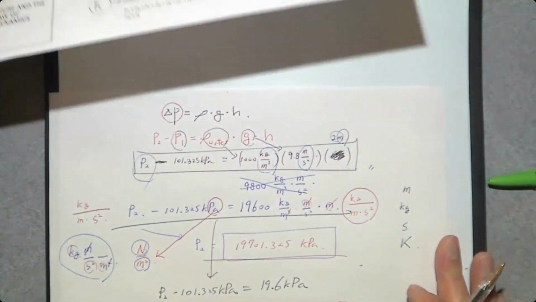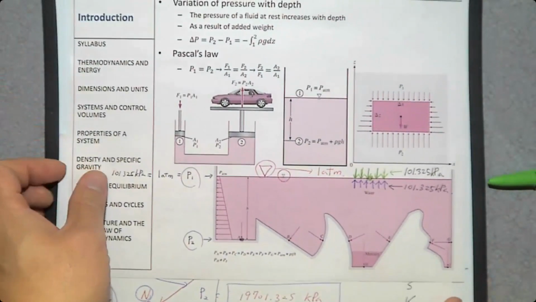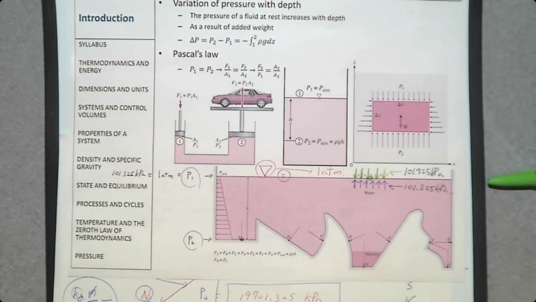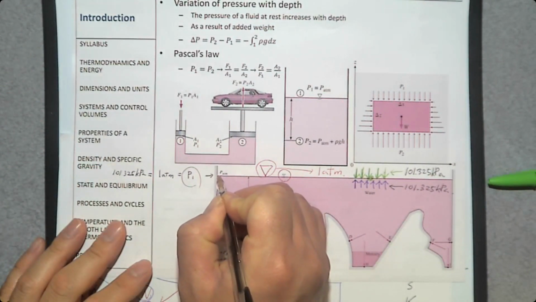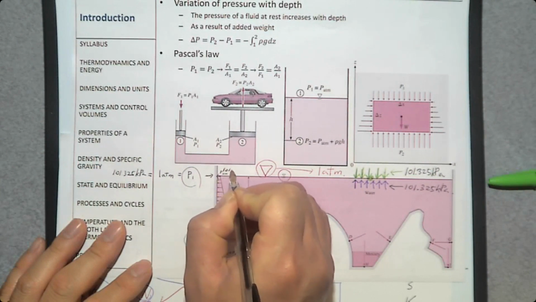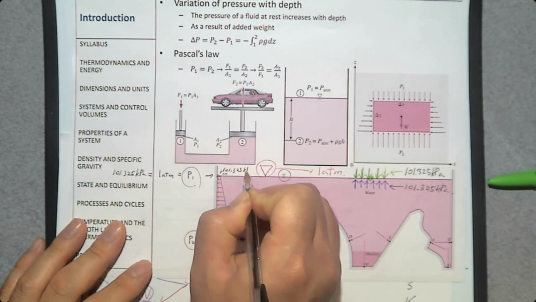Then if you go back to this figure again, now let's look at the left-hand side. You see this arrow. The length of each arrow indicates the pressure. So near the surface, the pressure was only this much, which is 101.325 kilopascal.